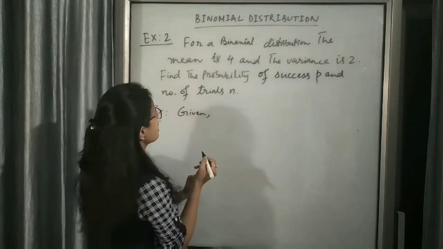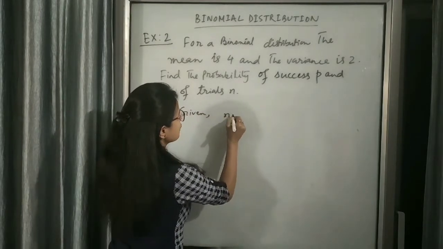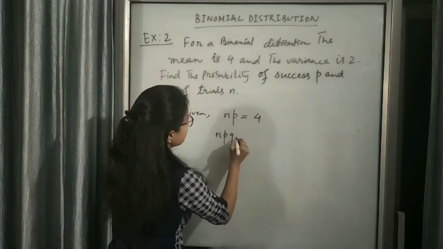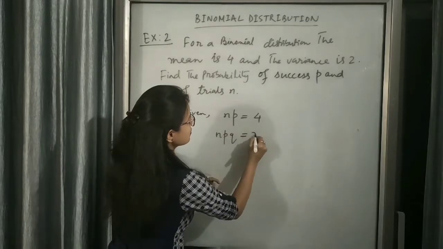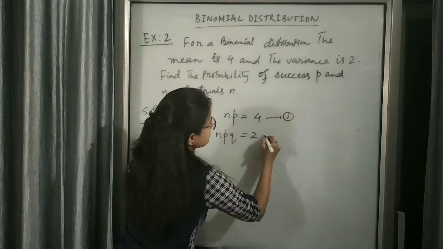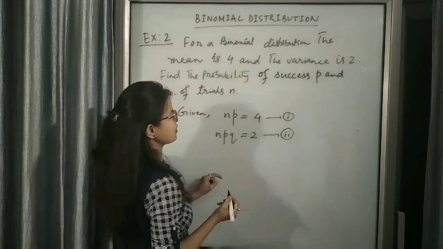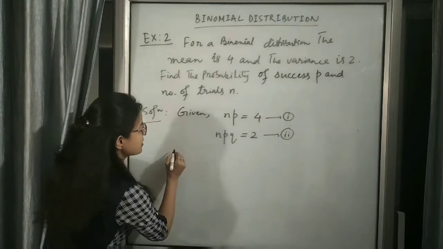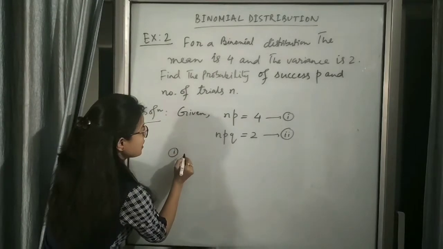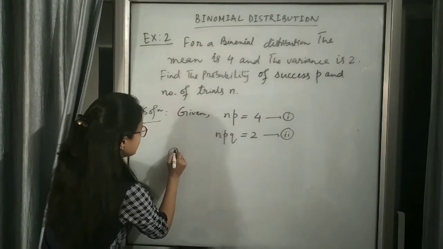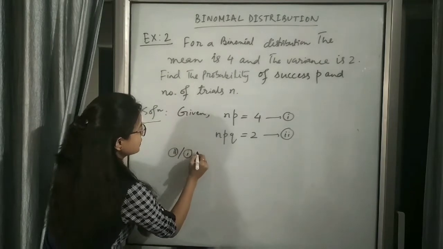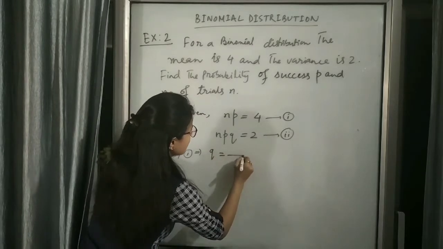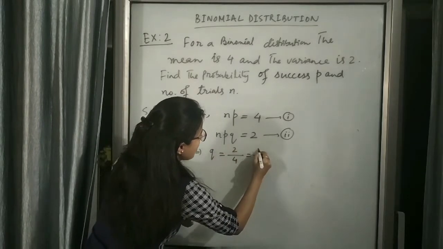As per the formula of mean in the case of binomial distribution, we have np = 4, and the variance npq = 2. Let us give equation numbers: the first condition is number 1, the second is number 2. Then if we divide the second condition by the first condition, we get q equal to half.